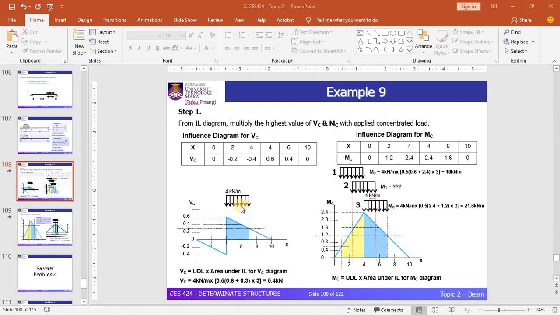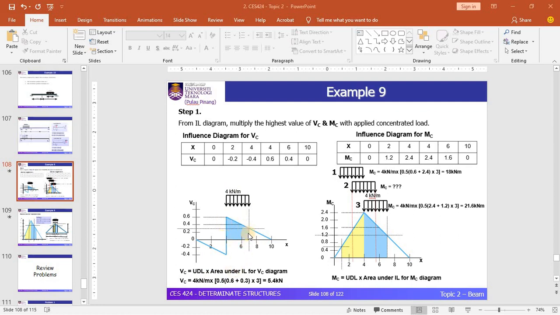Okay, so how to calculate the value of shear force? Basically you need to use this equation, which is UDL multiplied by the area under the influence line diagram for BC, where the UDL value is equal to 4 kN per meter. The area below this diagram can be seen here, the shaded area in blue color.